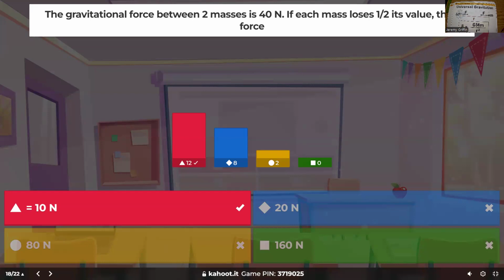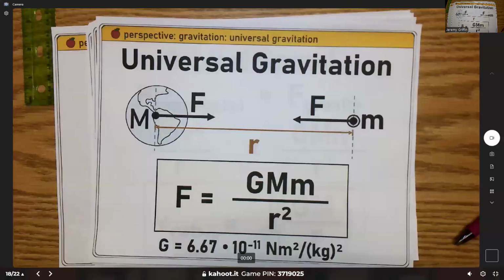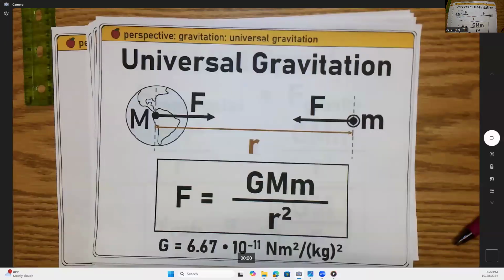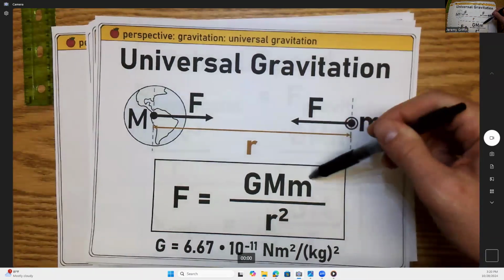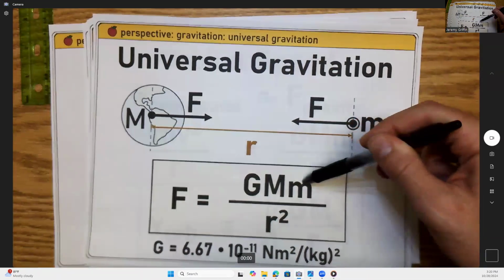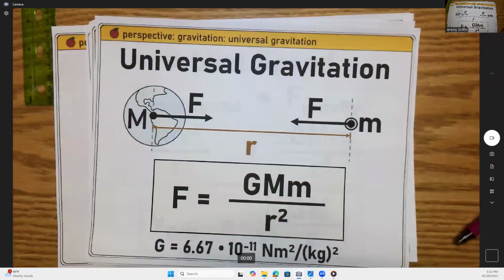So a half times a half is a quarter. A quarter of 40. Let me back this up with this equation. If this mass is reduced to half and this is reduced to half, I got a half times a half. That's a quarter of the overall force. A quarter of 40 would be 10. Let's do that.